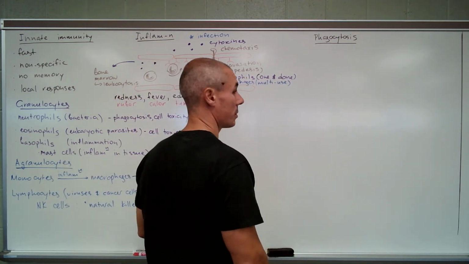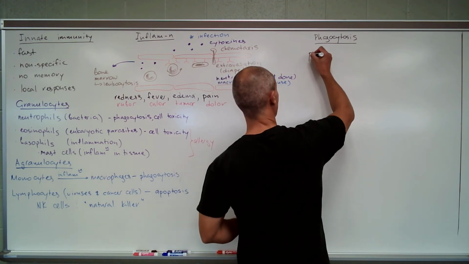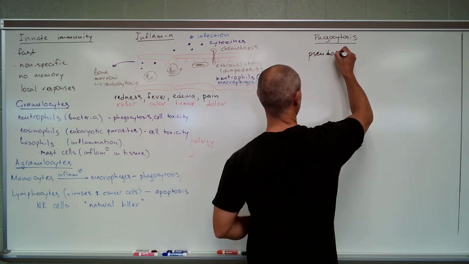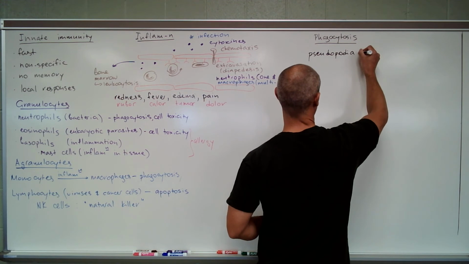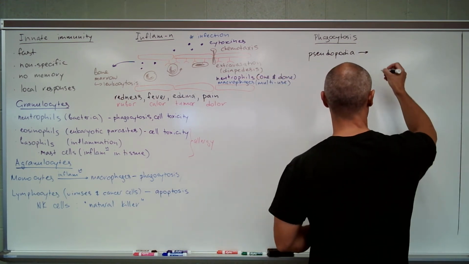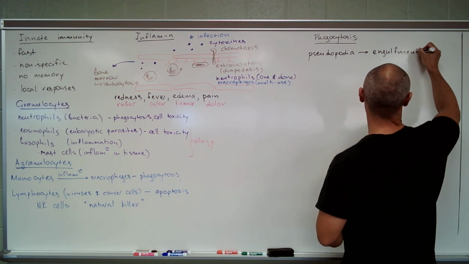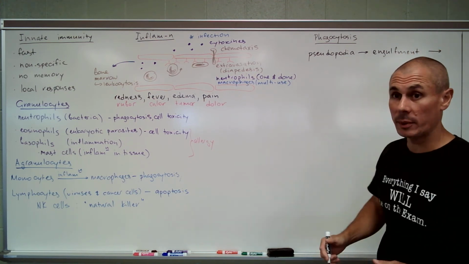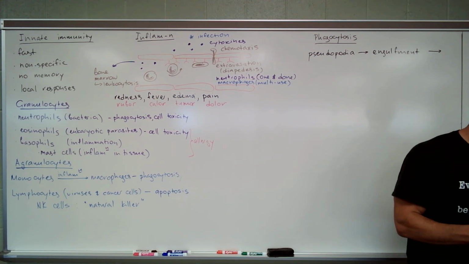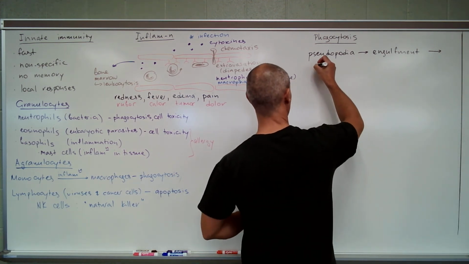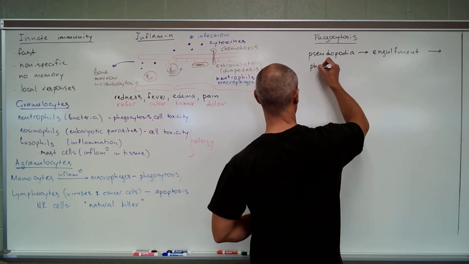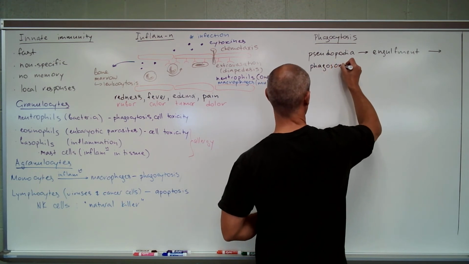So what are the steps? First is formation of pseudopodia by cells. Okay. Then we have engulfment. Okay. Engulfment results, so basically whatever is taken in gets in the phagosome. It's a vesicle.